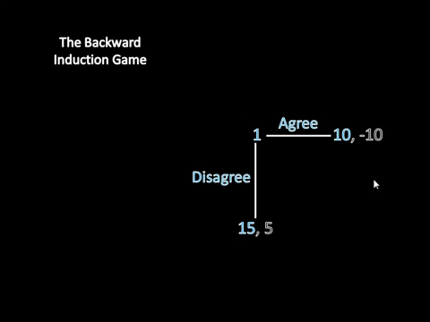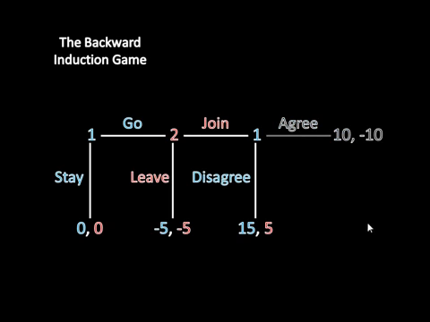The idea of using backward induction to find subgame perfect equilibria is that your subgame perfect equilibrium will have a Nash equilibrium in every subgame of the overall game. So right here, the Nash equilibrium is going to be for player 1 to disagree, for the logic that we just explained. So when we go back to the original game, instead of looking at this subgame, where it was originally agree or disagree, we know what player 1 is going to do.